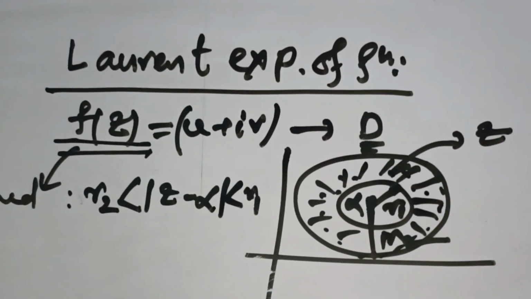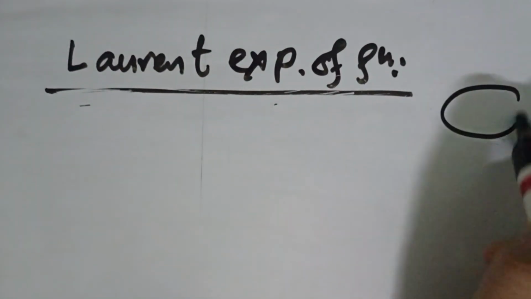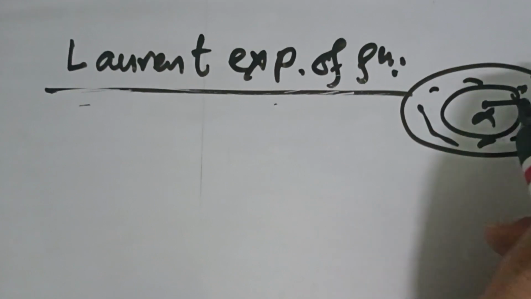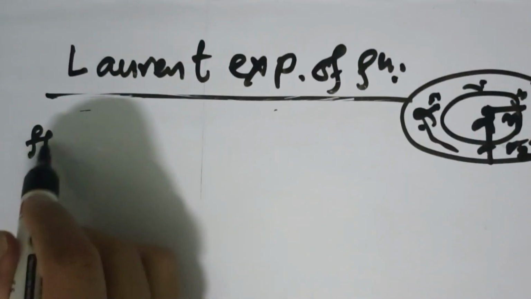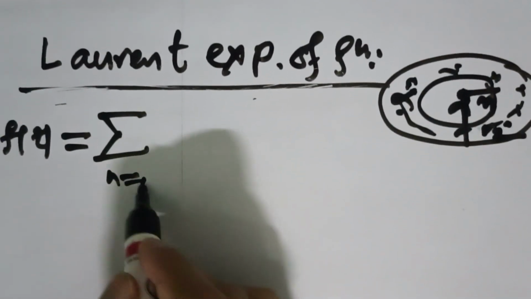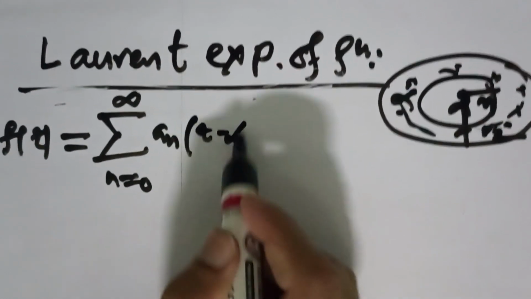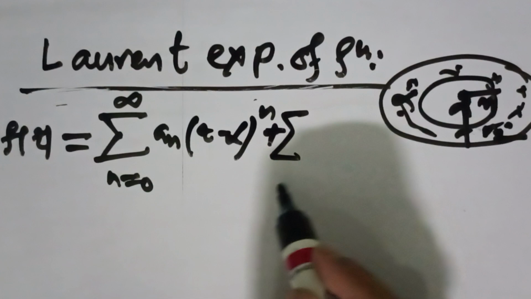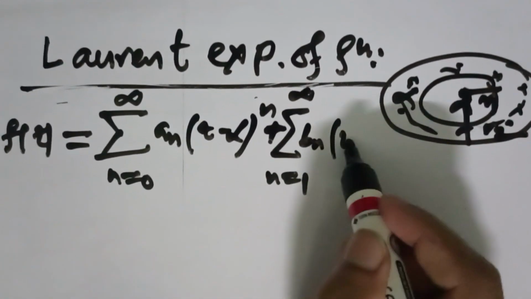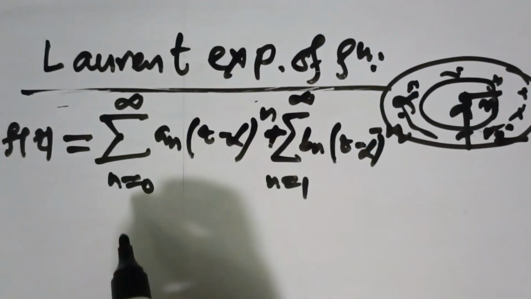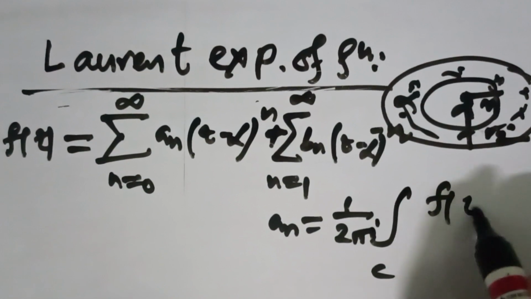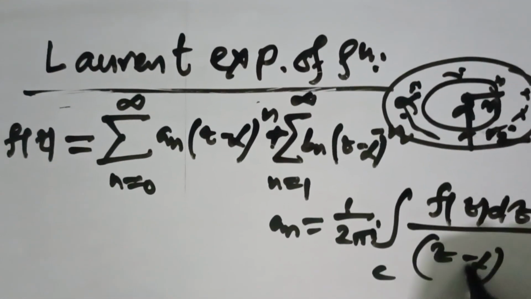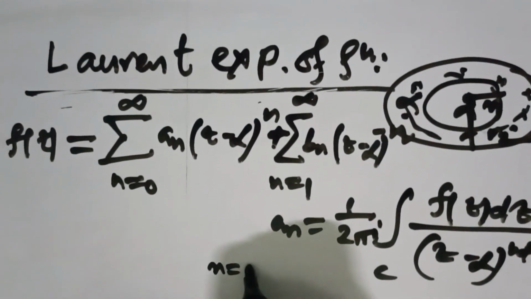For each point in the annular region, with center alpha and radii r2 and r1, you can write f(z) in series form: the summation from n = 0 to infinity of a_n (z - alpha)^n, plus the summation from n = 1 to infinity of b_n (z - alpha)^(-n). Here a_n = 1/(2 pi i) times the integral over C of f(z) dz / (z - alpha)^(n+1), where n varies from 0, 1, and so on.